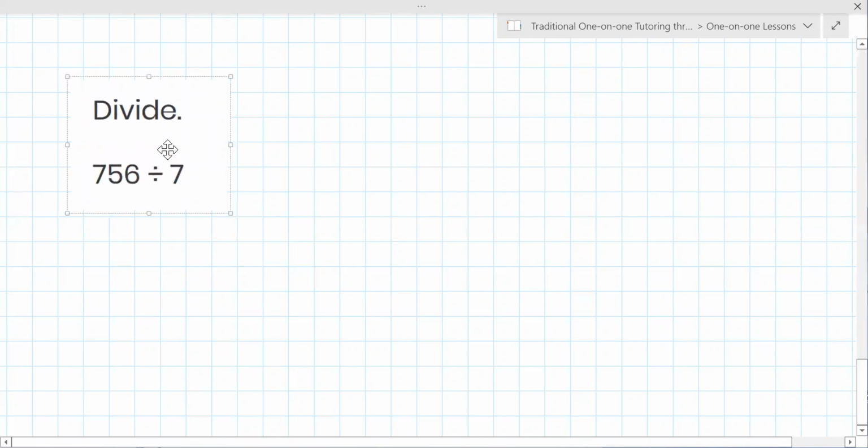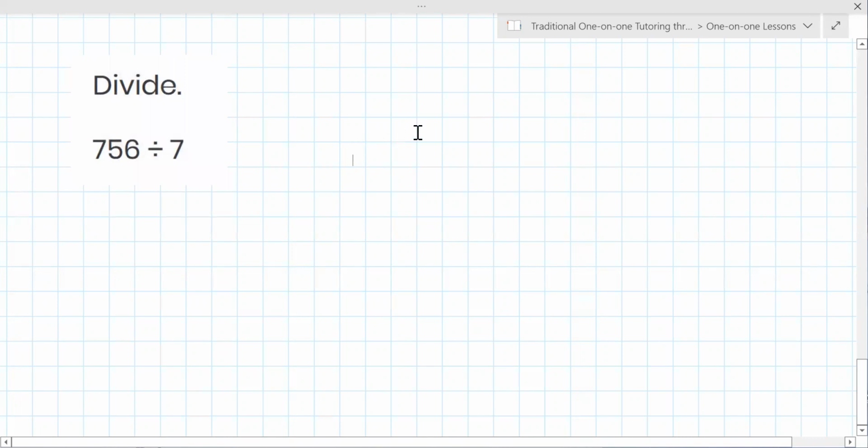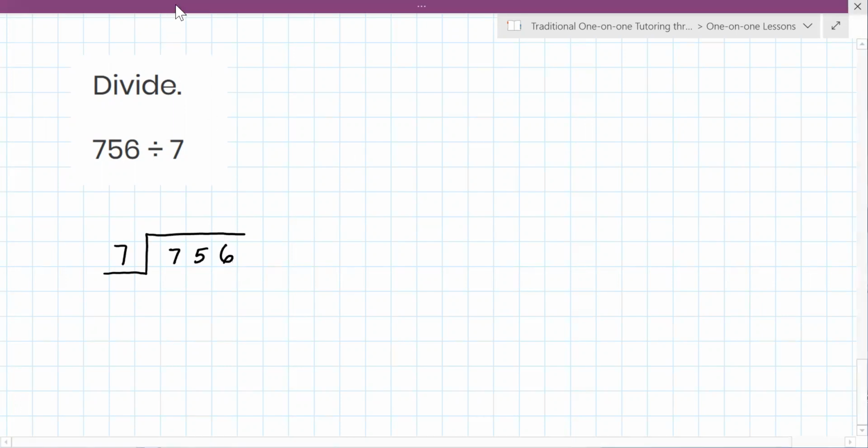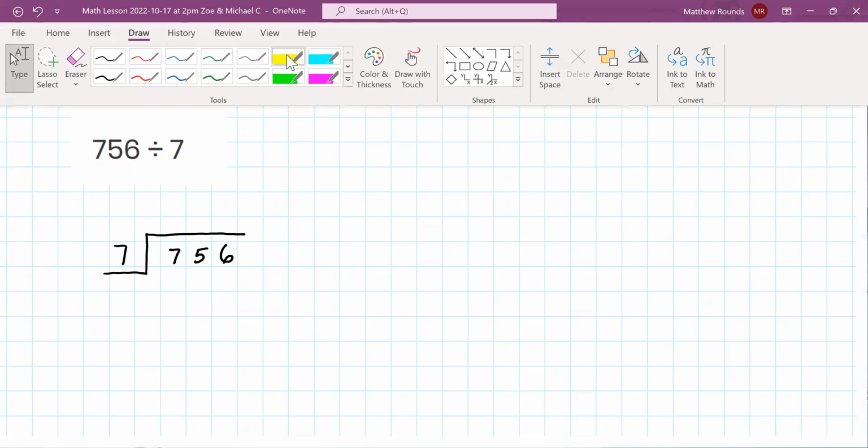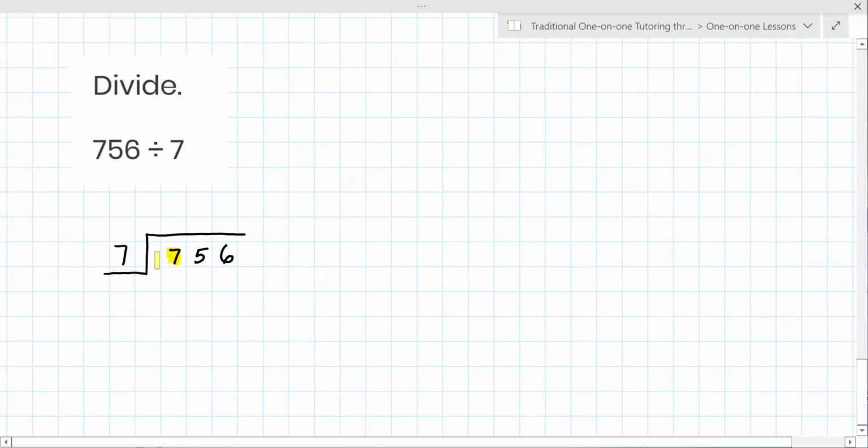All right, so let's take a look at this problem here. Do you have your pencil and paper out for me today? Yes. Excellent. So we're going to divide 756 divided by 7. We talked about this many times. 7 goes outside the house, and then 756 goes inside the house. I want us to focus in on this first number here.